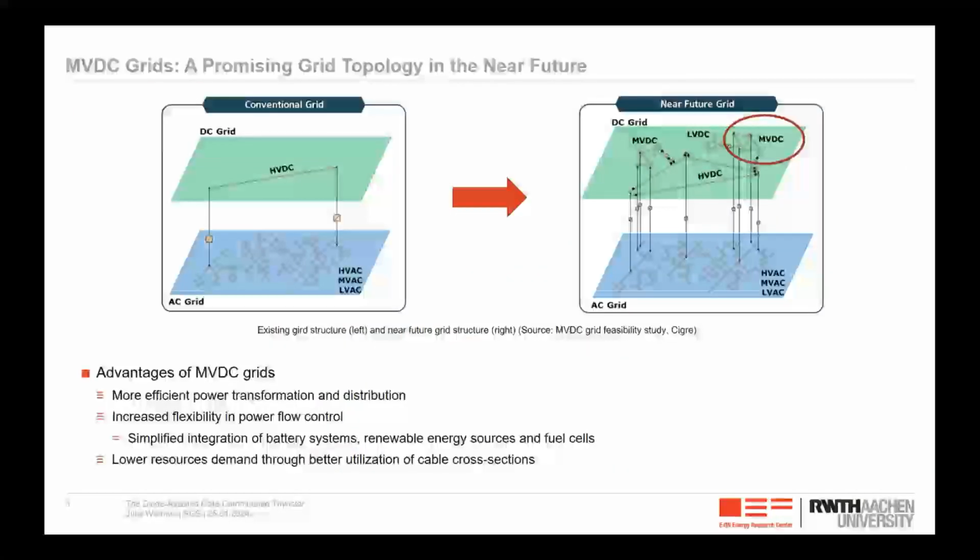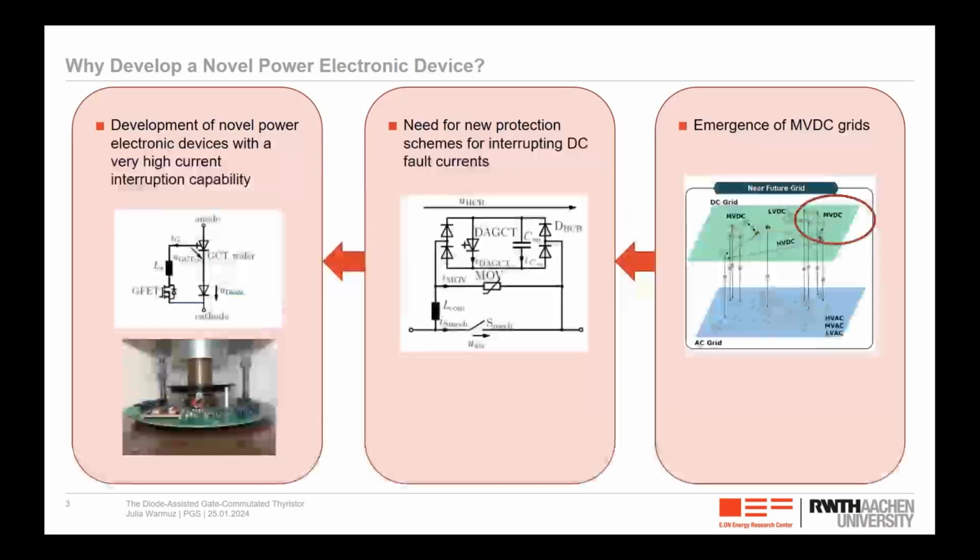So the first question that arises when we talk about novel devices is, why do we need them? We have a lot of them and they work pretty fine. To give you a brief overlook, my device's main feature is its very high current interruption capability.